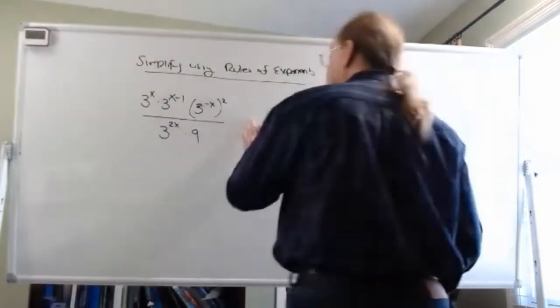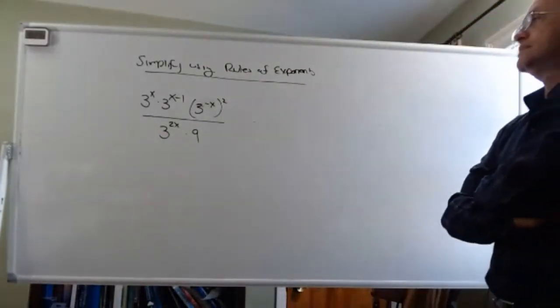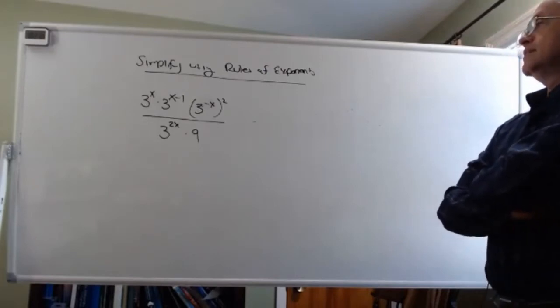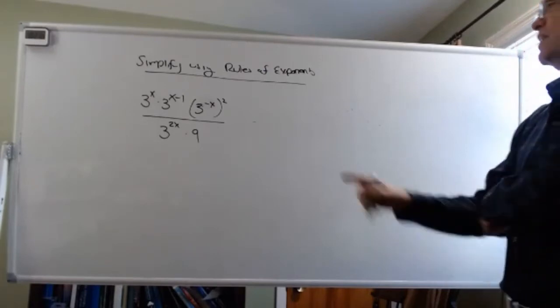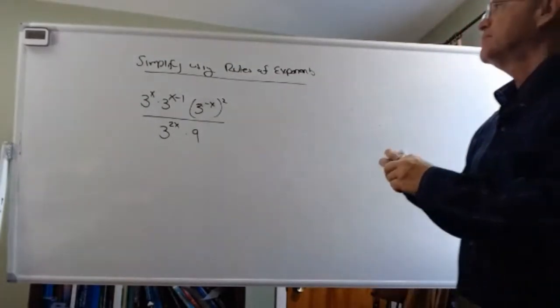So see if you can figure out how to combine that and simplify that into a single term. Let's try that and see how well you can do it. And then I'll show you how to do it.